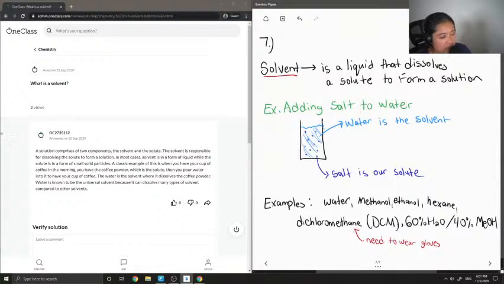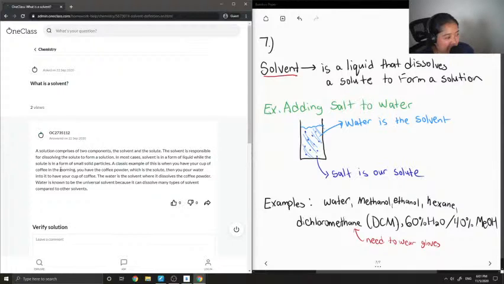So let's see what our junior tutor said. A solution comprises two components, the solvent and the solute. The solvent is responsible for dissolving the solute to form a solution. In most cases, the solvent is in the form of liquid, while the solute is in the form of small solid particles. A classic example of this is when you have your cup of coffee in the morning, you have the coffee powder, which is a solute, and then you pour water into it.